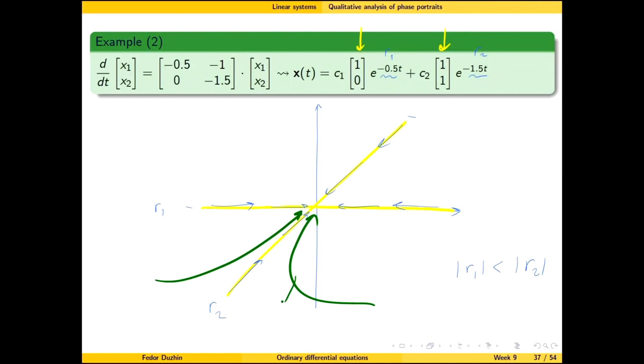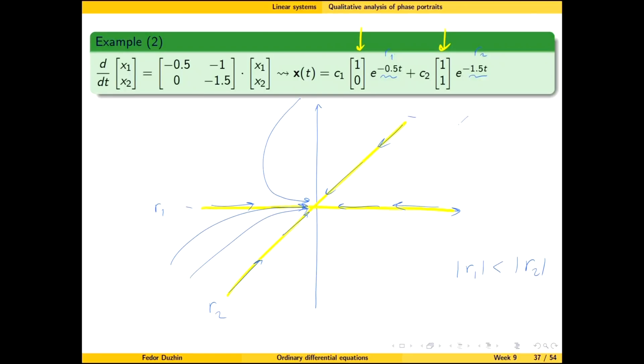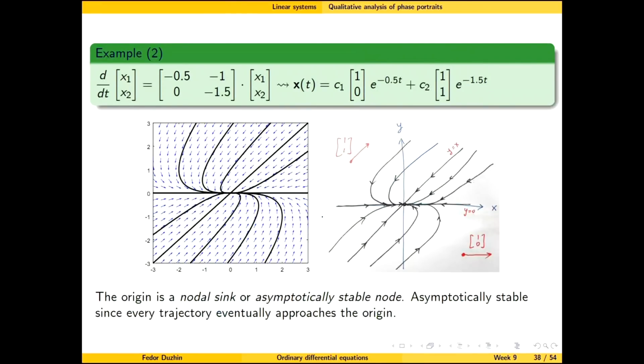So this is wrong. Instead, it should be like this. Far from the origin, they are parallel to the vector (1, 1), and near the origin they are parallel to the vector (1, 0). And here is the real picture, and you see it's pretty consistent with our sketch.